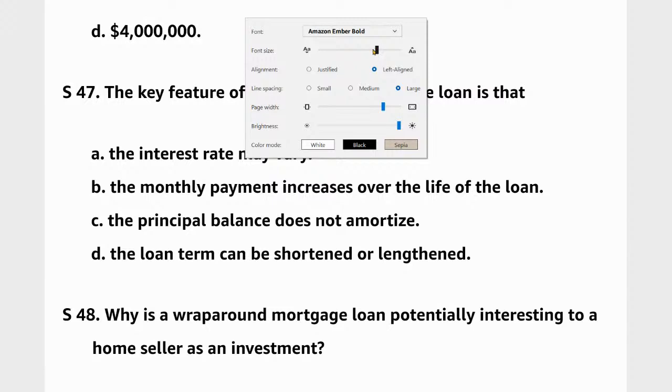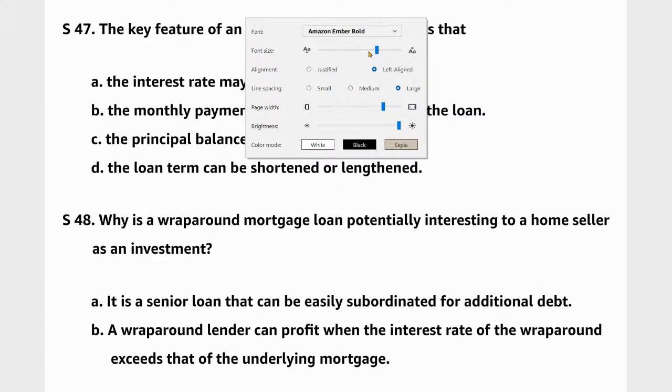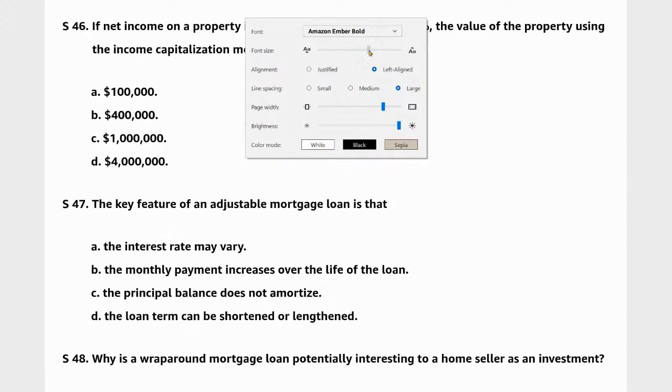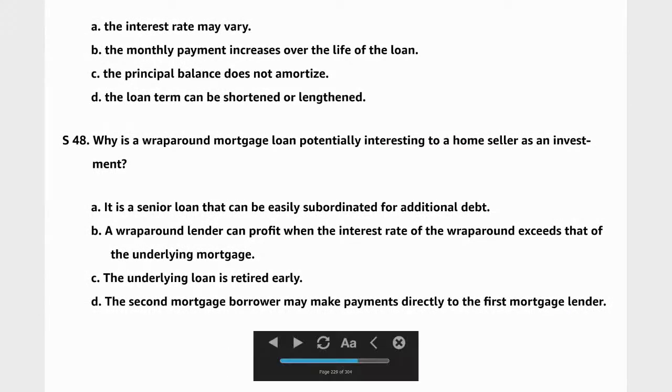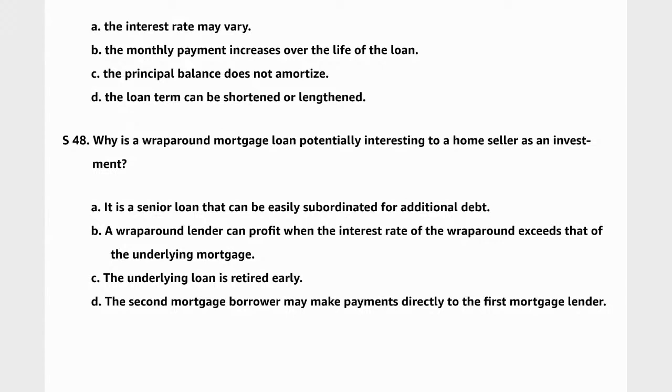Or C, the underlying loan is retired early. Or D, the second mortgage borrower may make payments directly to the first mortgage lender. So why is it interesting to a home seller as an investment? What are we all wanting to do? Make money from our investments, right?